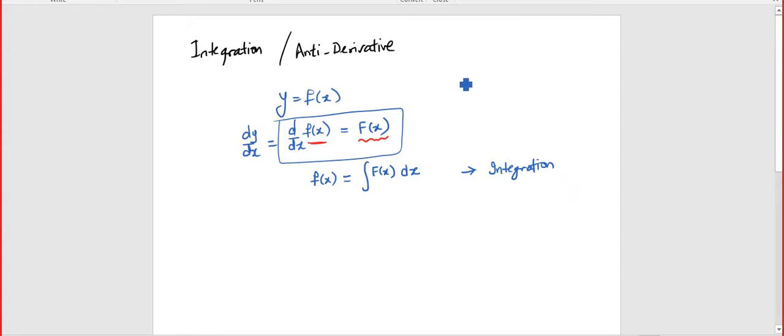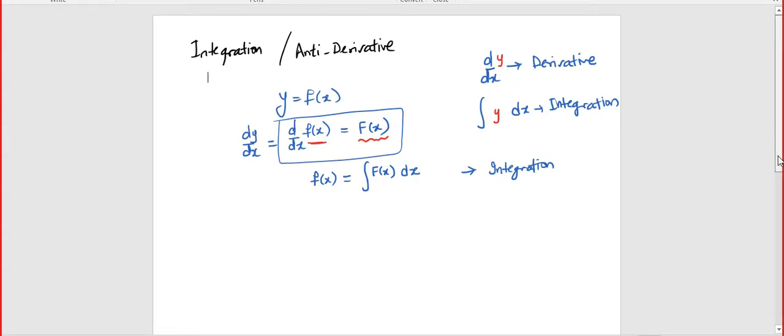In notation, we use d by dx to represent derivative. Similarly, we use the integral sign, with the name of the function and dx, to represent integration. We keep the name of the function here, so it could be y or f or any other term. This is how we denote the integration.